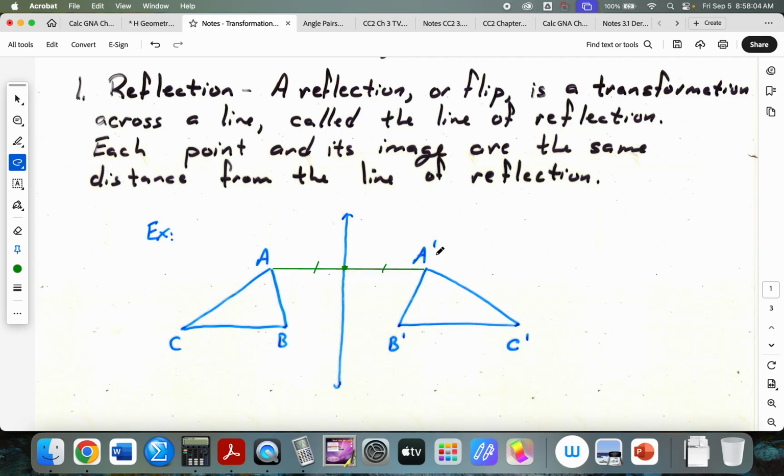So the point on the line of reflection is going to be the midpoint of those two. One thing to notice is that these are always measured along a segment that is perpendicular to the line.